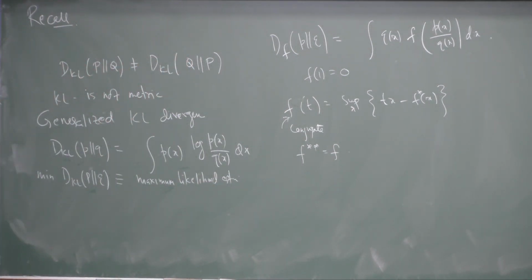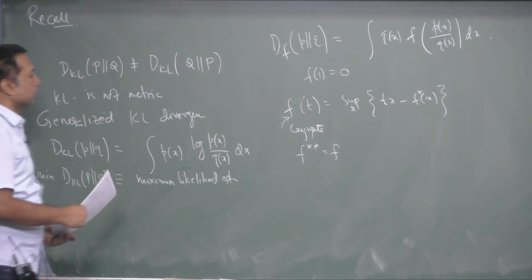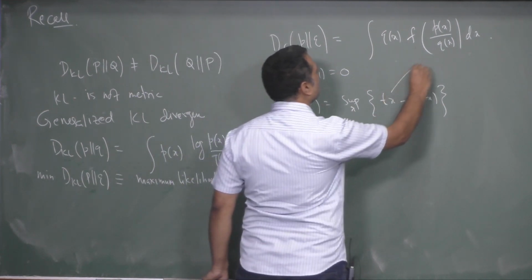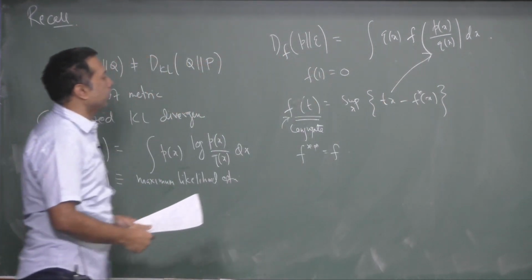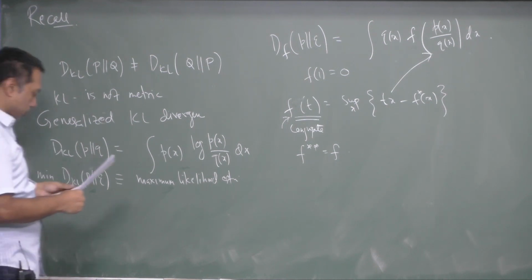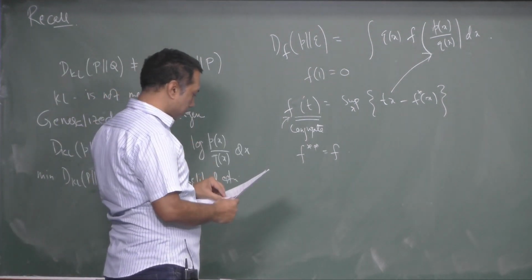Okay, so we can put this function in terms of the conjugate here. That's what we did. Then in the integral we had this supremum thing, and that was the last step.